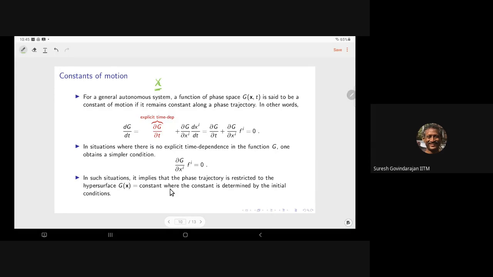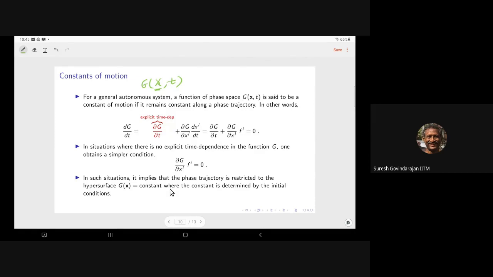So you're interested in some arbitrary function g of x, and it could have some explicit time dependence. This might be the object of interest. Sometimes we are interested in asking, can we find a function g such that as the time evolution of x happens, it doesn't change value?